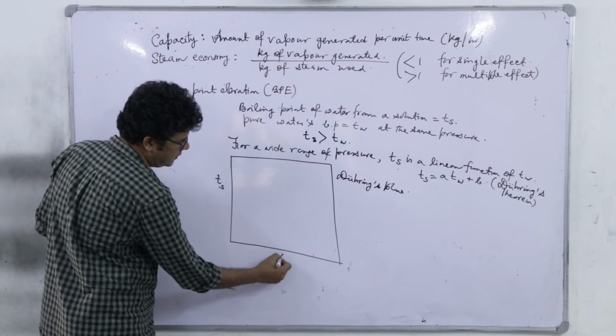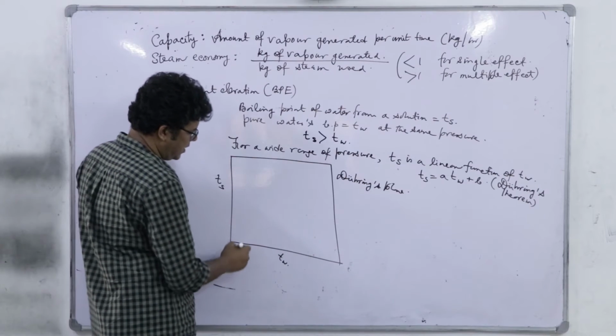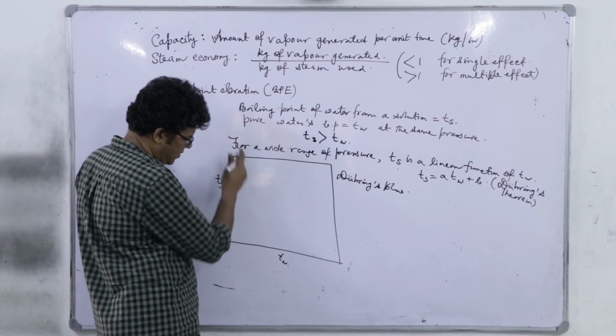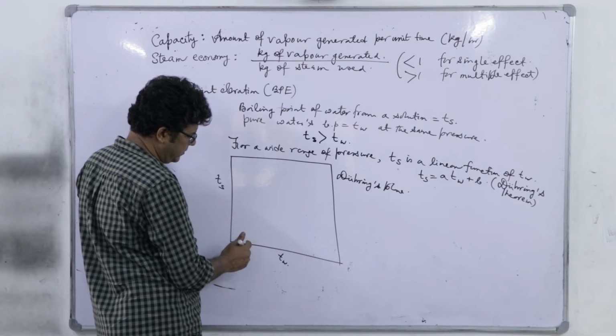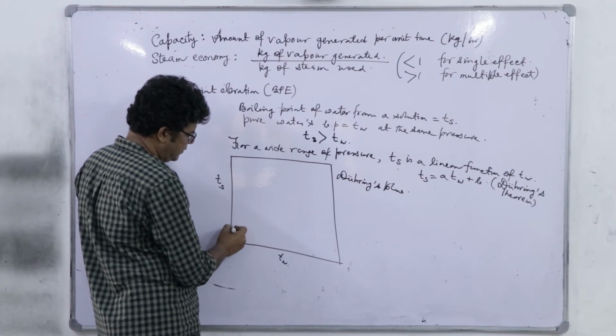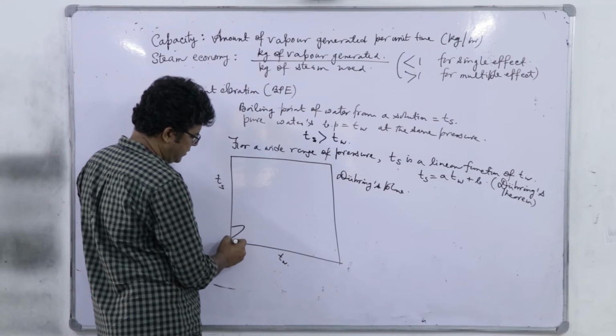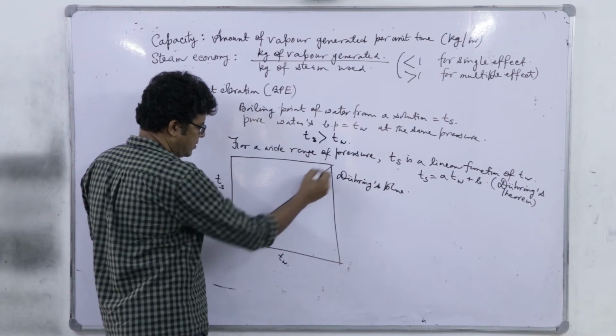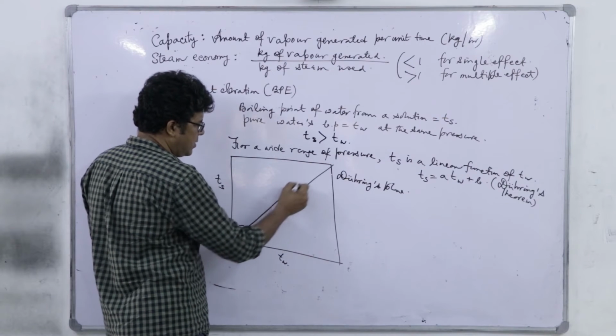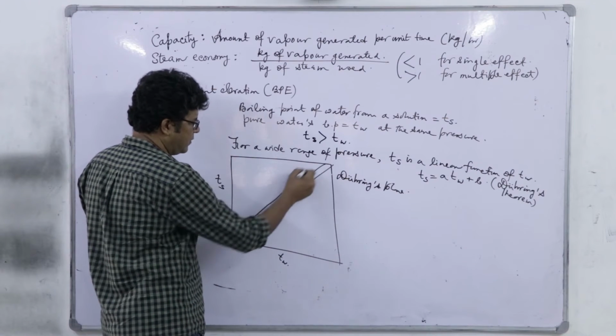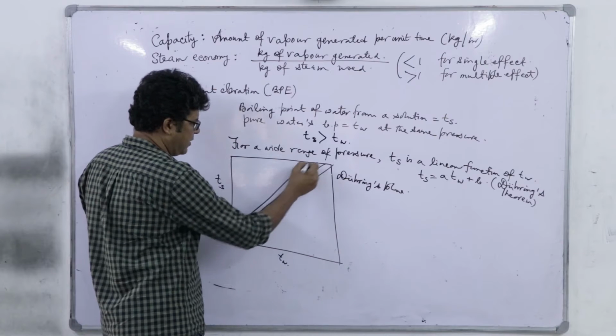Say this is Ts and this is Tw, and over a certain region of very low temperature, right? So, everywhere this is for pure water. Everywhere we see this sort of straight line kind of relation.